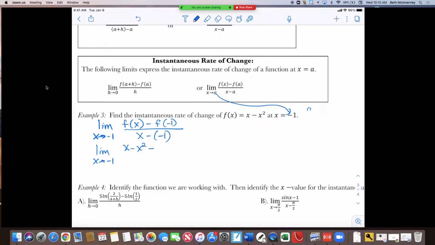F of -1, if you need to, do it off to the side. That's -1 minus (-1) squared, so that's -2 over x plus 1. All right, let's tidy that up, and we'll get the limit as x approaches -1 of -x squared plus x plus 2 over x plus 1.